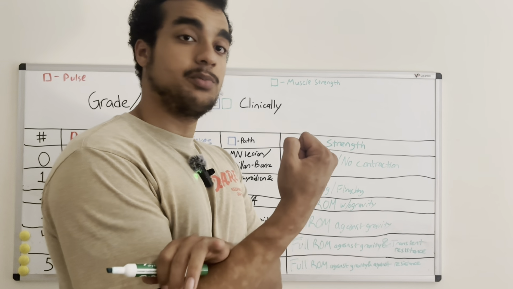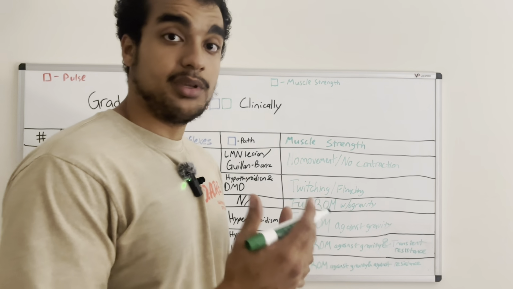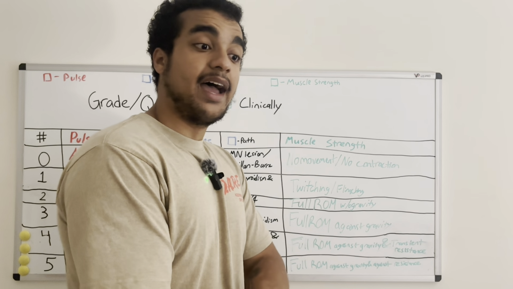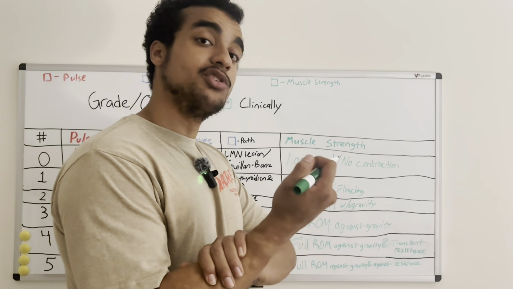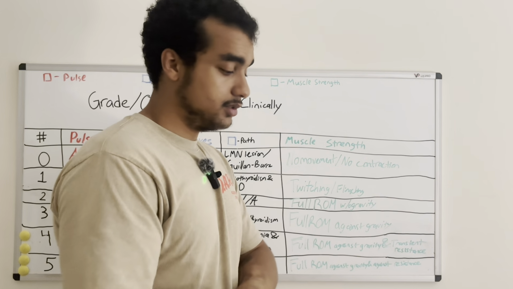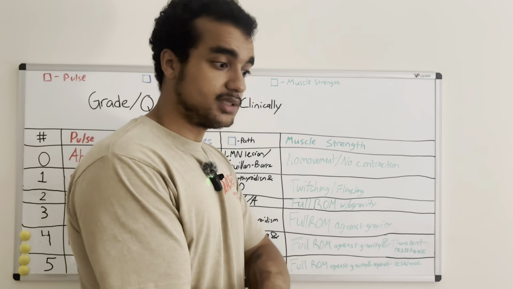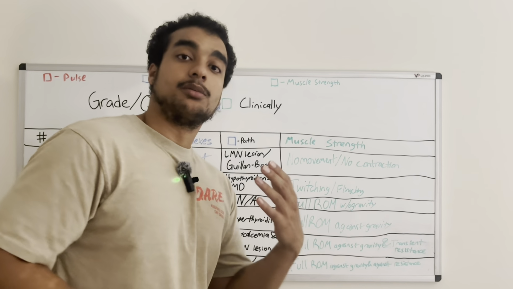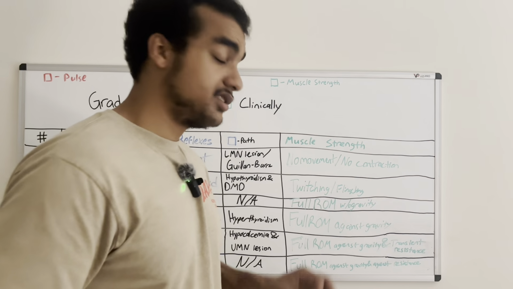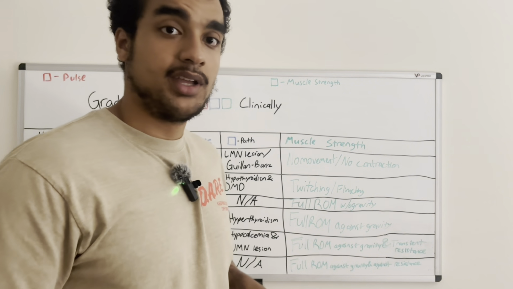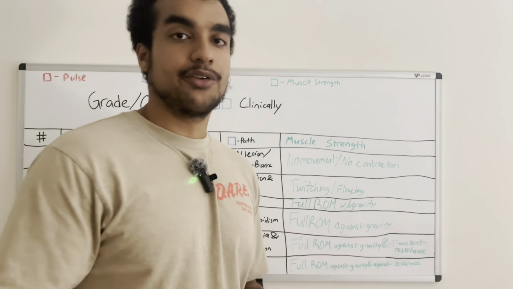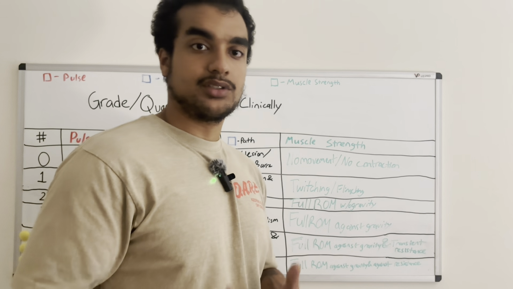Grade 5, normal, like I said, it's going to be a full range of motion against gravity, as well as against resistance, and being able to sustain the position that you're in. So it can be full resistance, it can be partial resistance, it can be moderate, light, and resistance and muscle strength when you're testing from grades 3 to 5, it's going to be different for your patients depending on age, gender, and other factors such as their diseases, their underlying conditions.